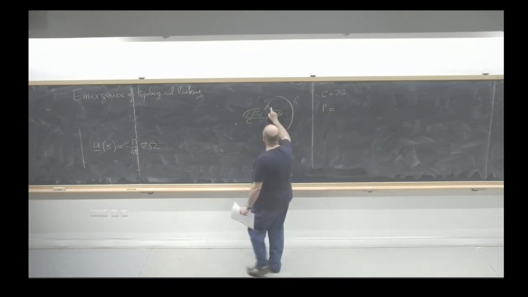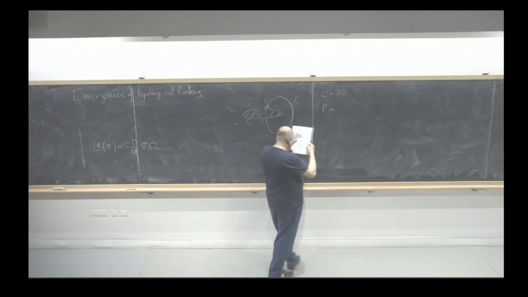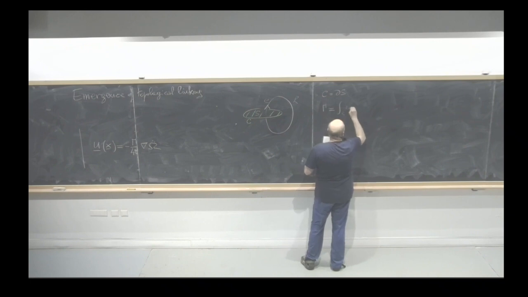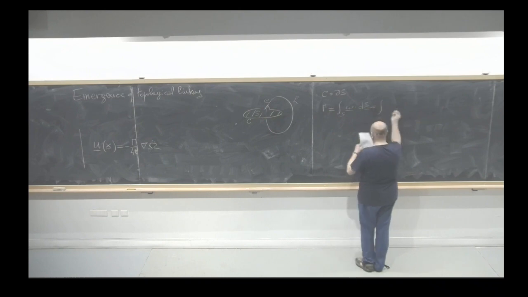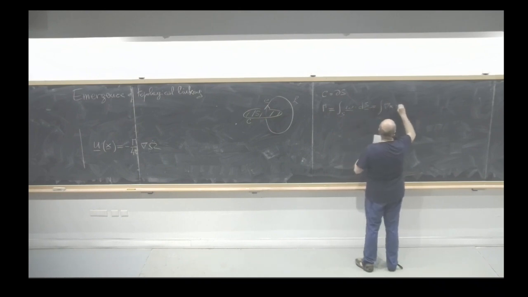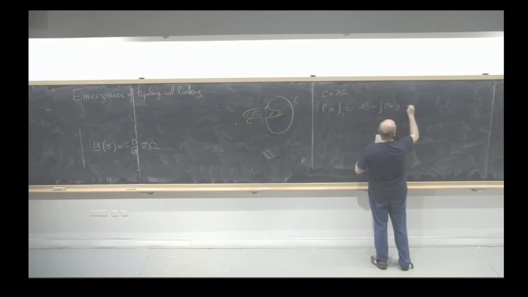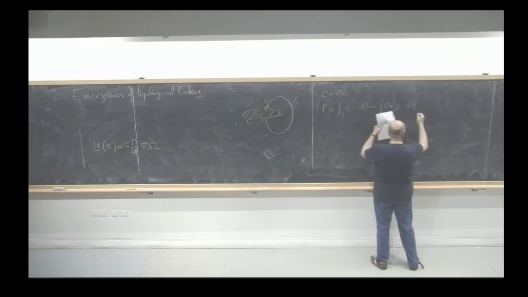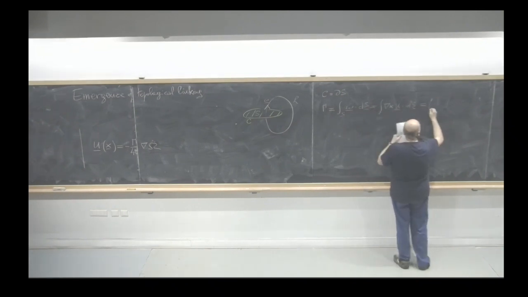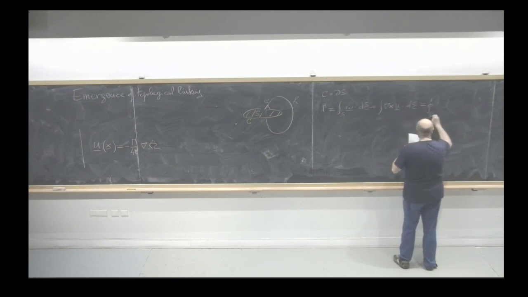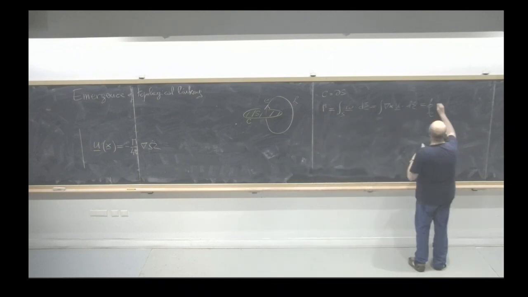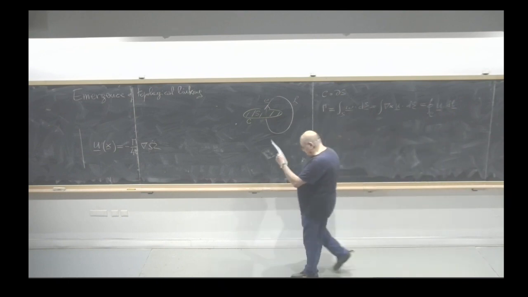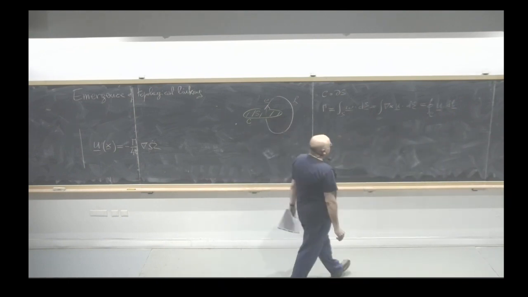The flux of vorticity through this surface S. So this is just by definition the flux through S, and evidently this is curl of U in dS, and ultimately is just the integral over C of the velocity field. Okay, so we have U dL.